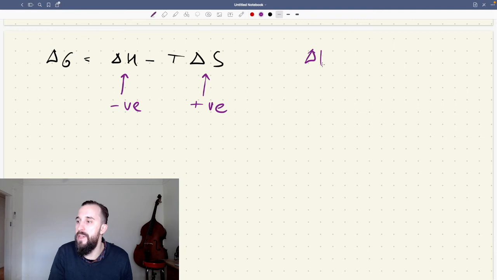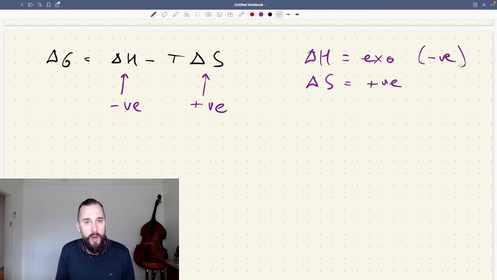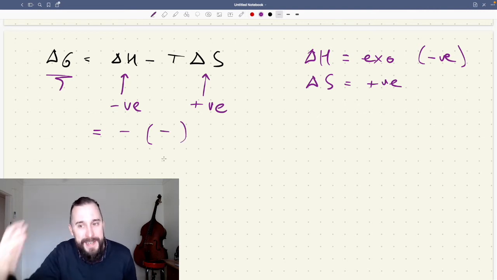So we know that if our delta H is exothermic, and we know that if our delta S is positive, we've very much got the conditions for a spontaneous reaction based on everything we've looked at in this entropy series. So what does this mean for our sign for delta G? If we have a negative delta H, and then a negative times a positive, we're going to end up with a negative minus a negative.